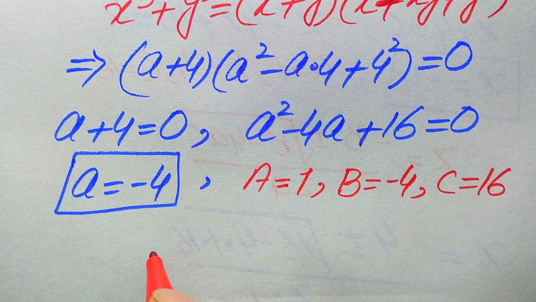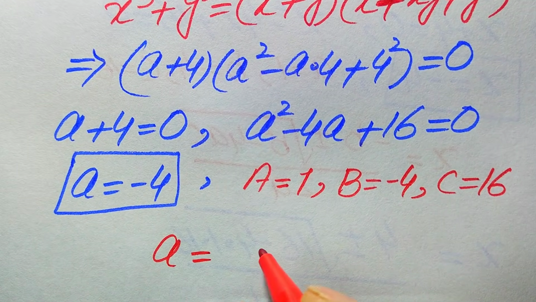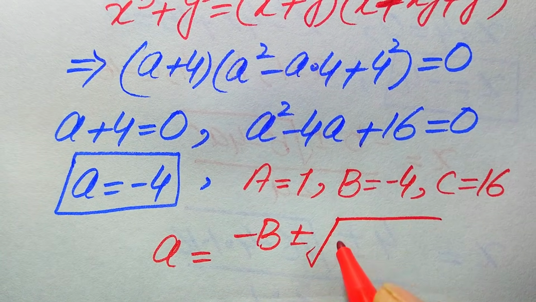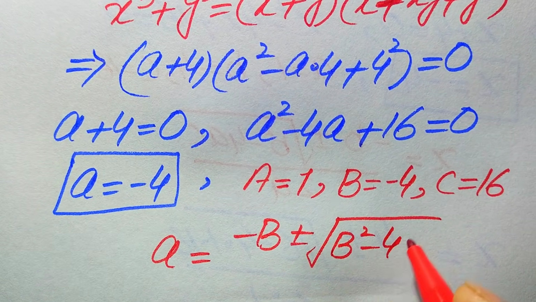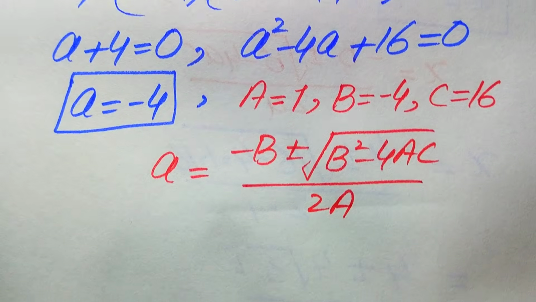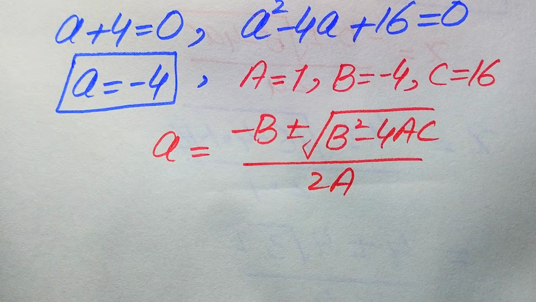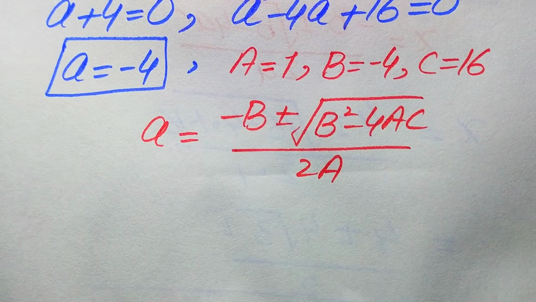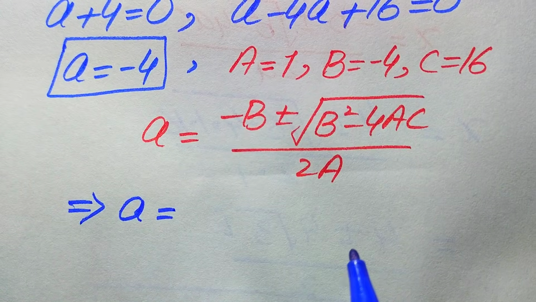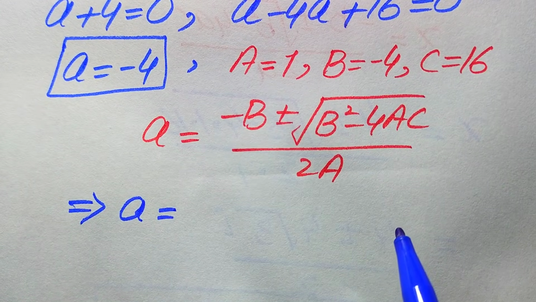And we state the quadratic formula as a is equal to minus b plus minus square root of b square minus 4 times ac, divided by 2 times a. This is our quadratic formula, and here we substitute all the values of a, b, and c. So here we adopt the same steps which we did in the first equation.